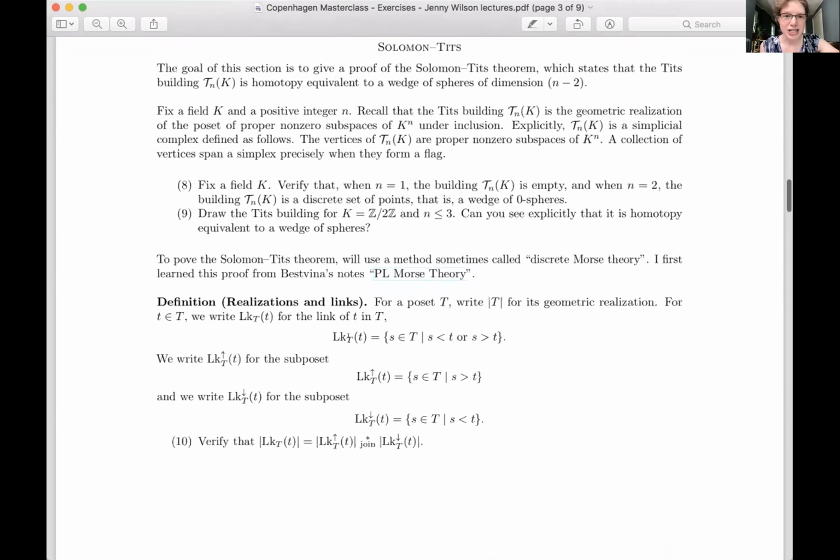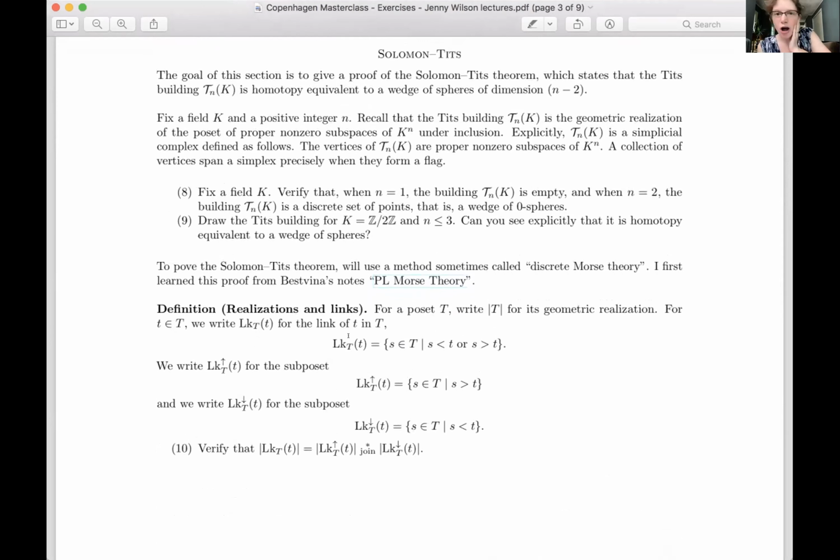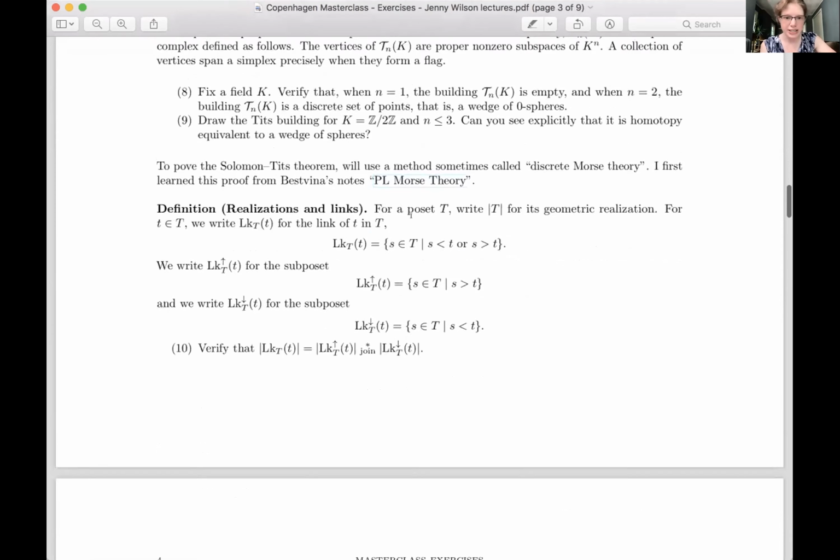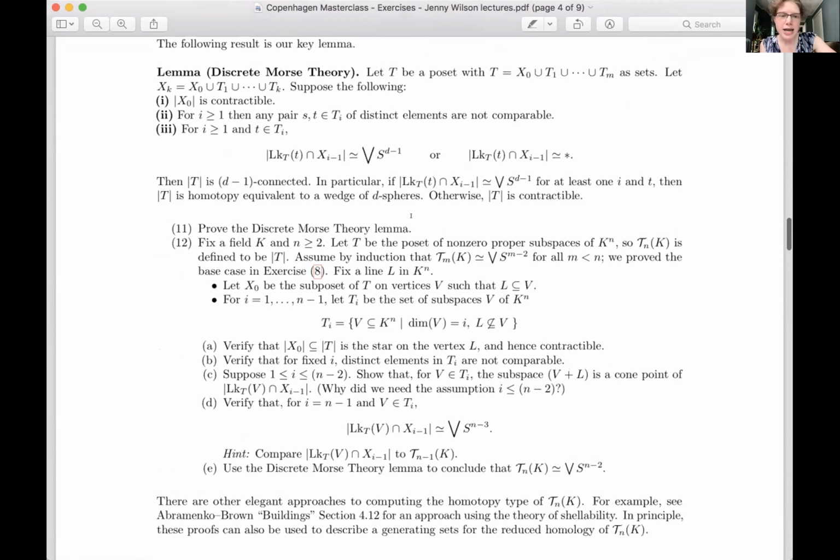The next exercise sequence is on a proof of the Solomon-Tits theorem. This is the theorem that the Tits building is homotopy equivalent to a wedge of spheres. This is a proof that I learned from notes by Mladen Bestvina. The key to this proof is a tool that's sometimes called discrete Morse theory, or PL Morse theory.